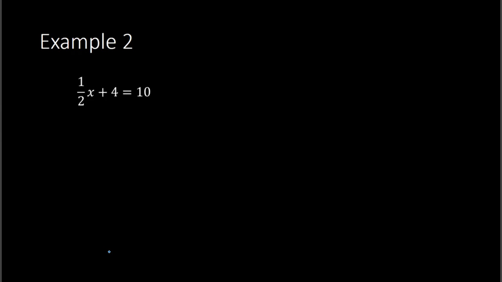Next example, we have 1/2 x plus 4 equals 10. Once again, we are doing reverse order of operations. So we are going to begin with addition and subtraction, and then work our way up from there. Here we see plus 4. This is the first thing we need to take care of.